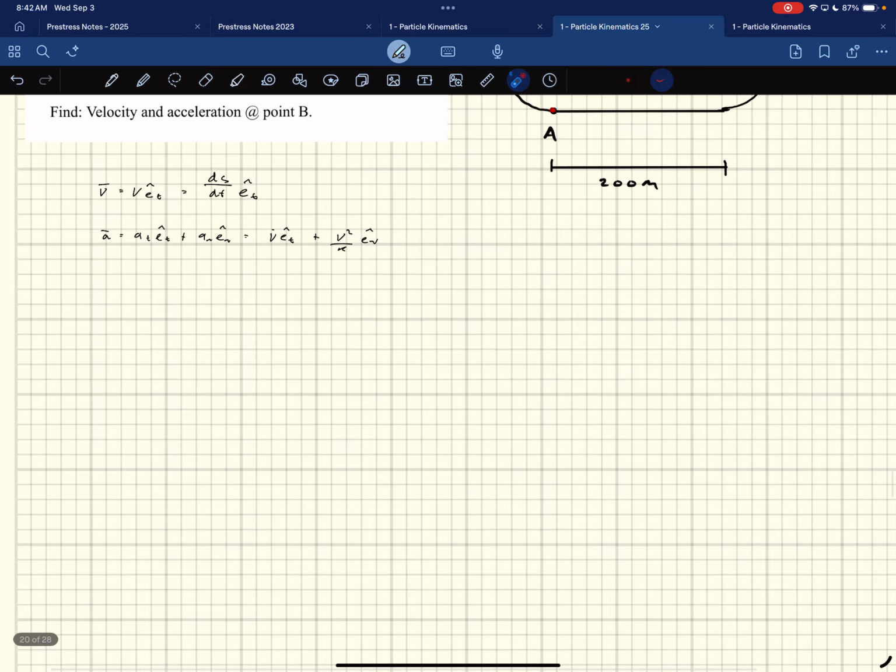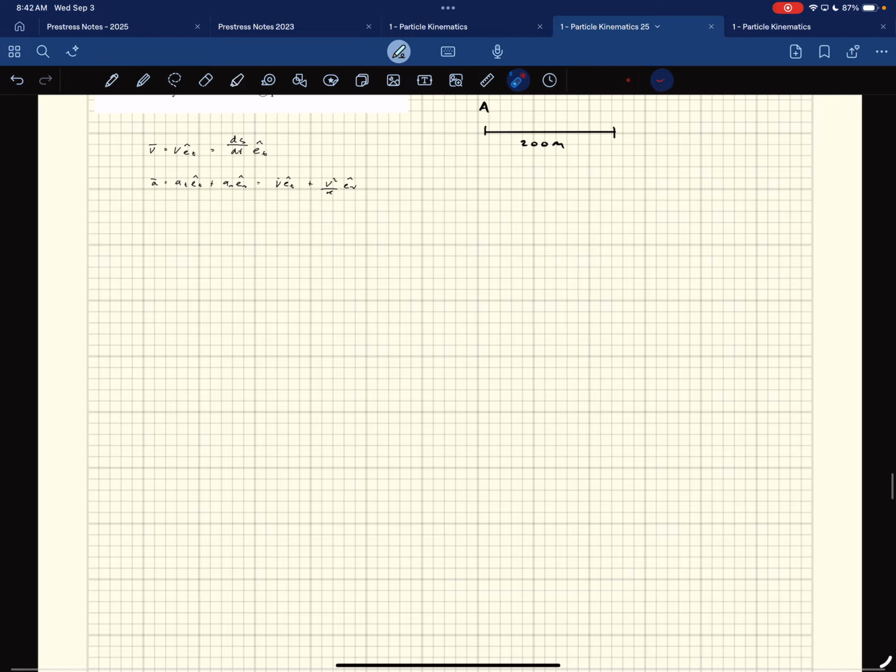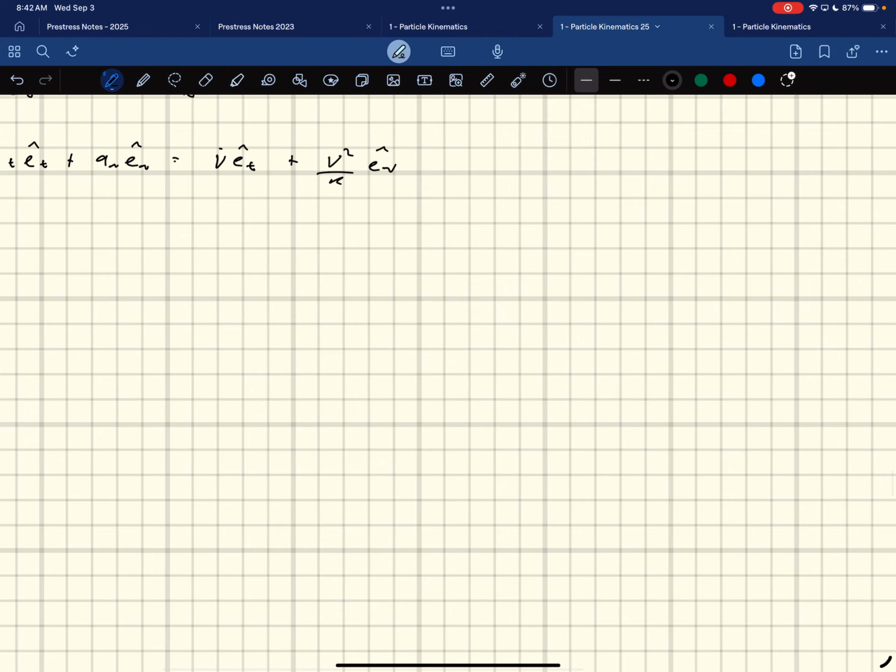So let's do that. a_t is a function of time, and it's going to be 1 plus 0.2t. And that's equal to dv/dt. Acceleration is the time rate of change of velocity, so it's dv/dt.